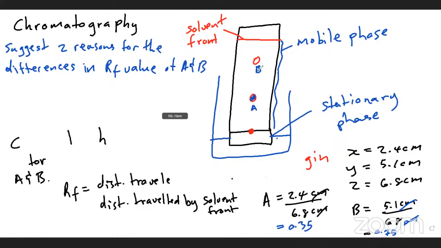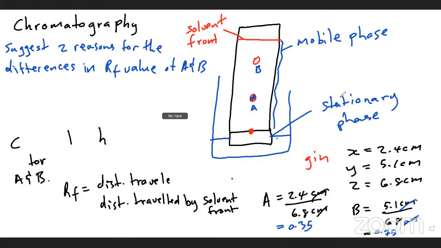So if B travels farther up the paper, it means that it is more attracted to the solvent and is moving more freely with it, which means that A is more attracted to the filter paper. Or we can say B is more attracted to the mobile phase and A is more attracted to the stationary phase.